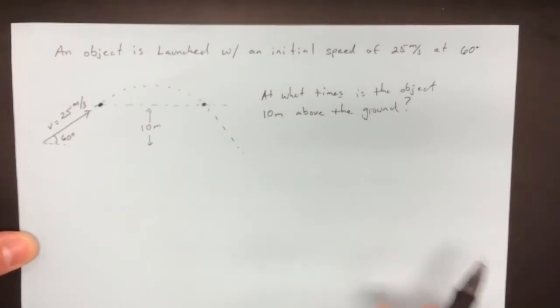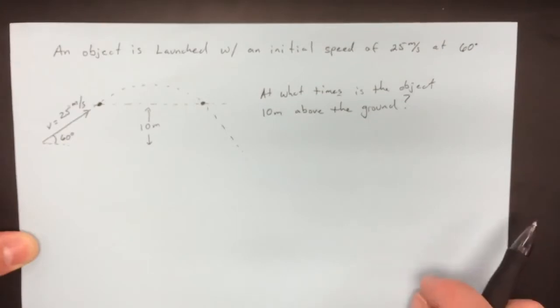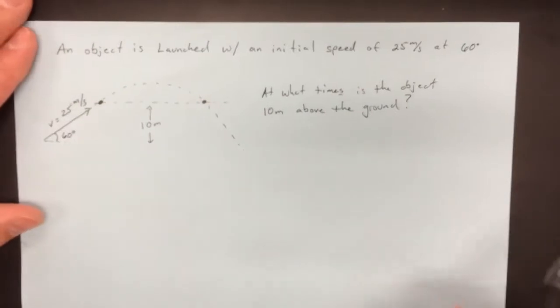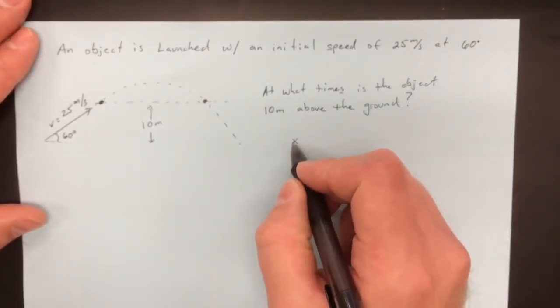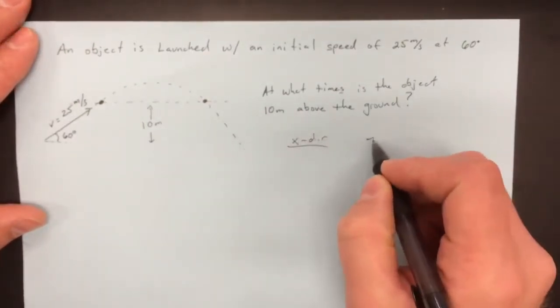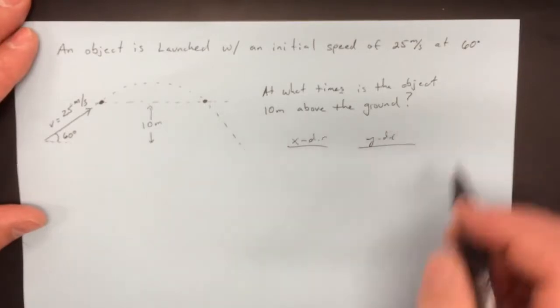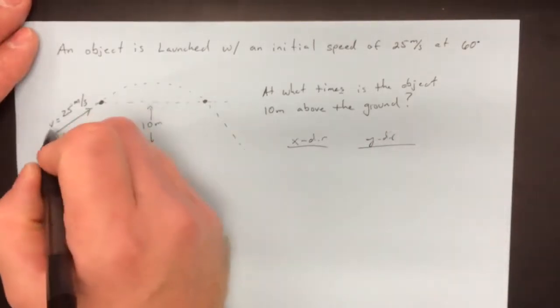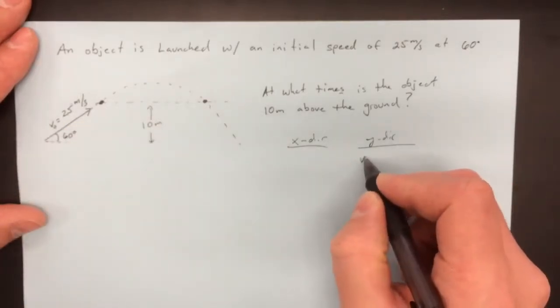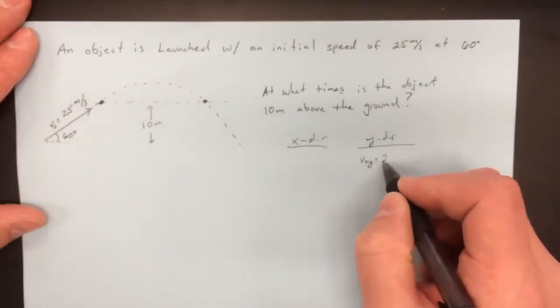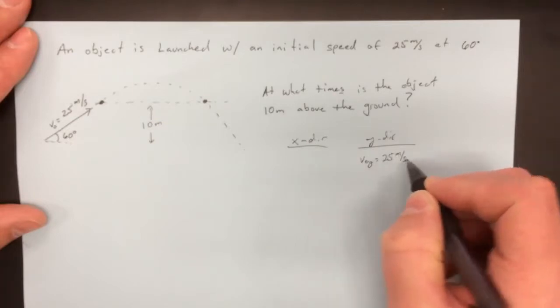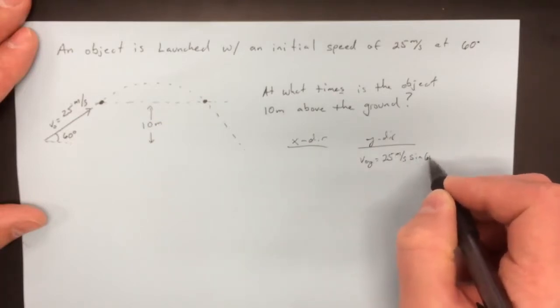Okay, so we would have to either solve two separate problems or use the quadratic formula, which gives us two real answers. Okay, so let's look at what we have here. We still have to separate the givens into x direction and y direction. We know that our initial velocity is 25 meters per second, launched at an angle of 60 degrees.